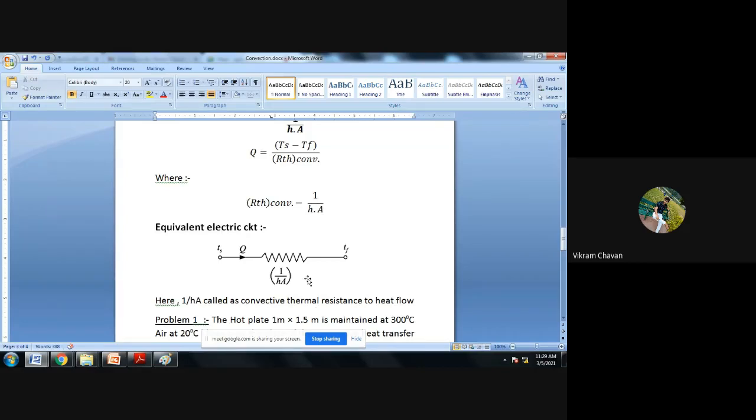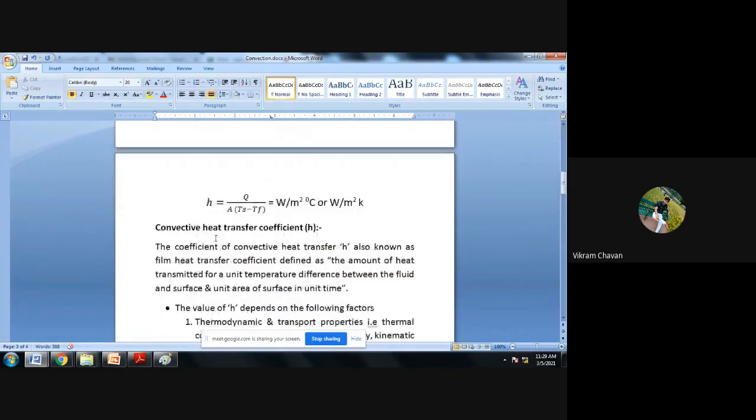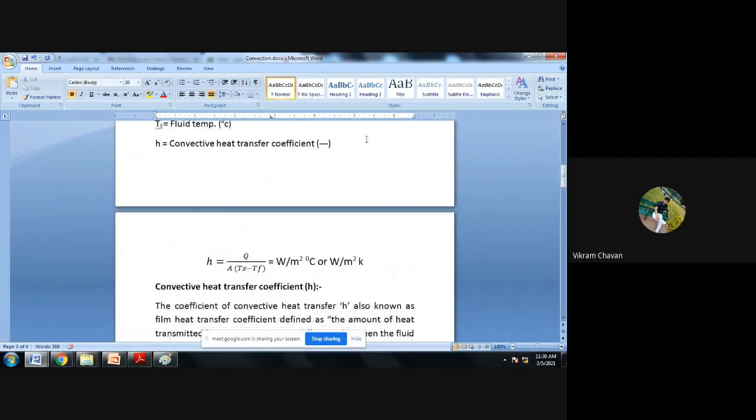Okay, so write down where we reach. Here we have to determine the unit of H. Write down next.